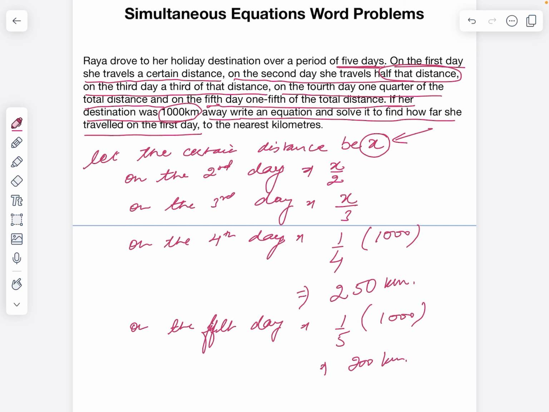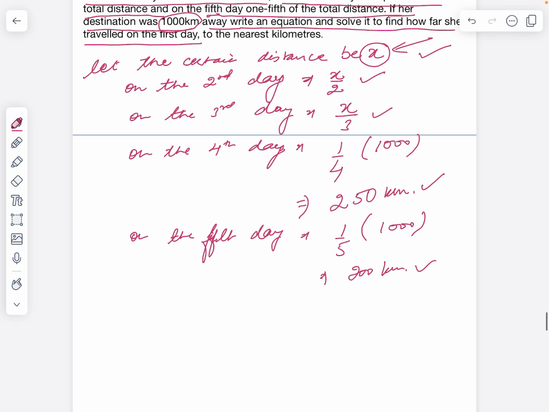So this is the trajectory. This is the first distance that she traveled, then the second distance, the third distance, the fourth distance, and the fifth distance. They all should add up to 1000. So I will just place them over here. x plus x by 2 plus x by 3 plus 250 plus 200 adds up to 1000.